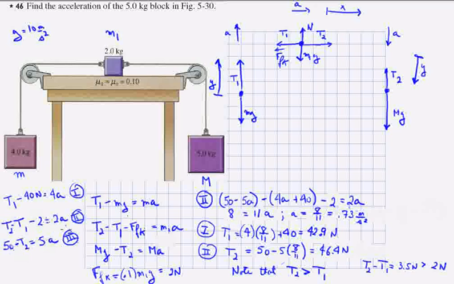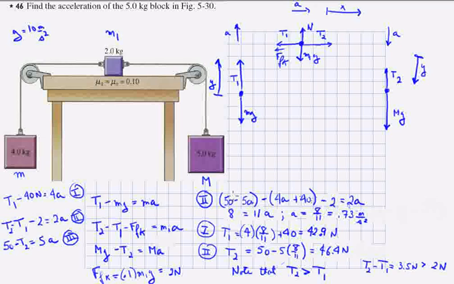My approach here is to use the second equation, and to plug in values from equation 1 for T1 and from equation 3 for T2. So doing that, T2 becomes 50 minus 5a from this equation, minus T1 becomes 4a plus 40 from this equation, minus 2 is equal to 2a.